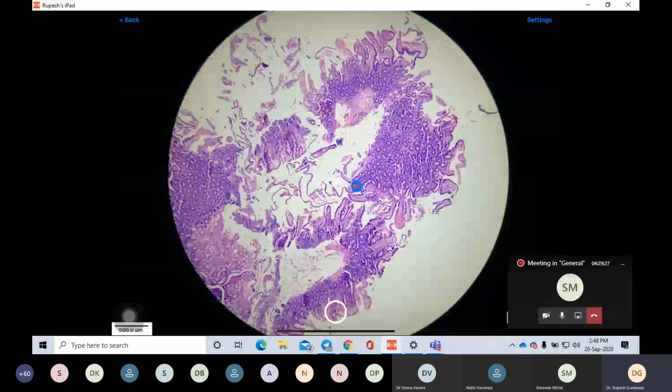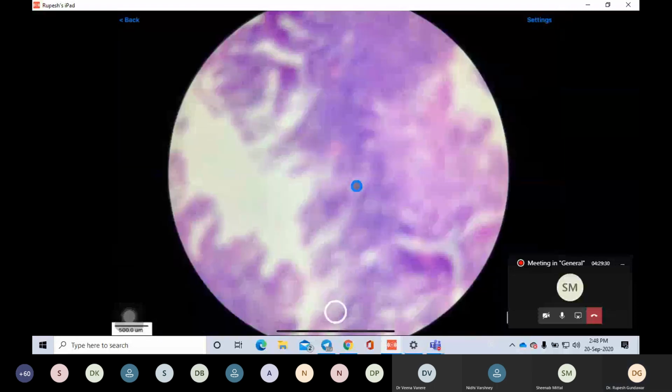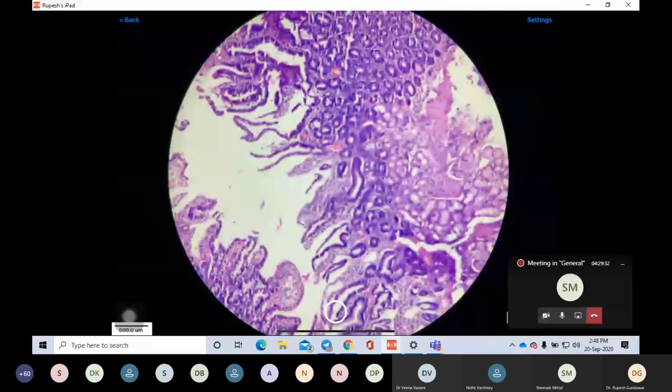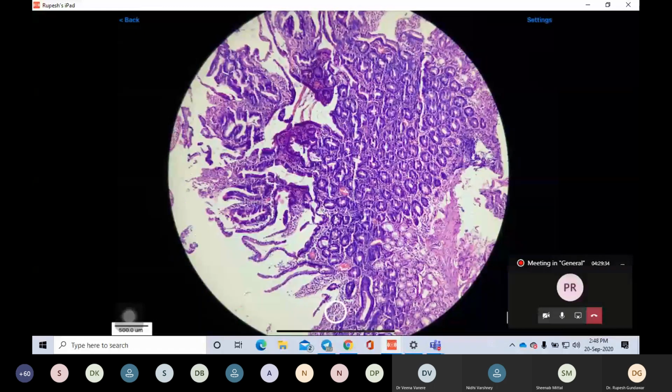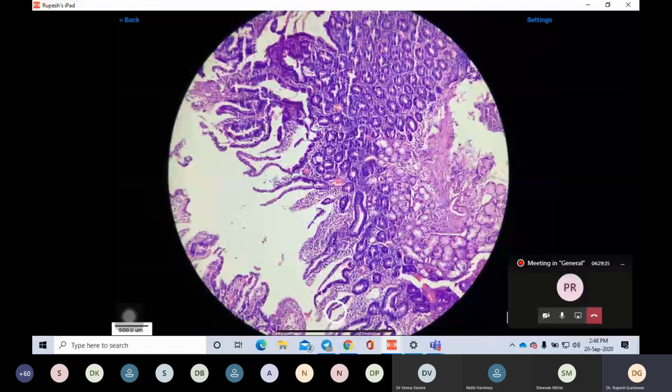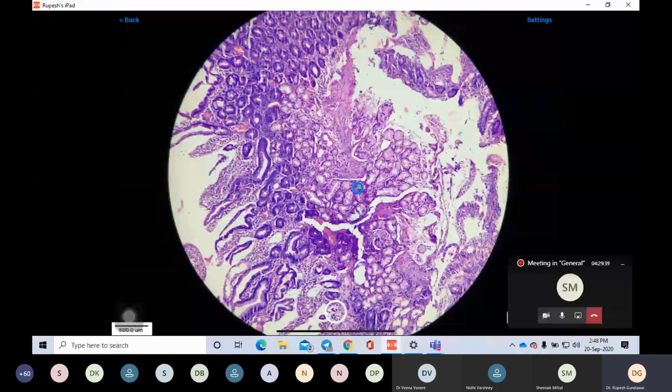Then if you go on high power, this is Brunner gland, and you are able to see Brunner gland present in the lamina propria. So there is Brunner gland hyperplasia, and they are abnormally present within the lamina propria. You can see their major part is seen in the submucosa, below the muscularis, and even in the lamina propria.